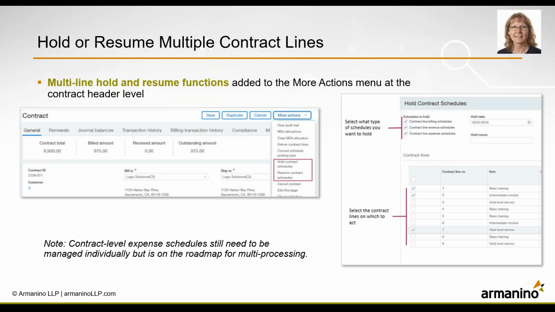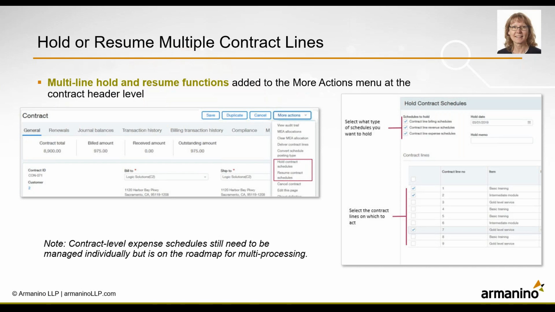Another really nice feature in contracts is the ability to hold or resume multiple contract lines. Yay! Currently you had to go in and do each one of those individually, if you wanted to hold a contract schedule or release a contract that was on hold, to resume it.